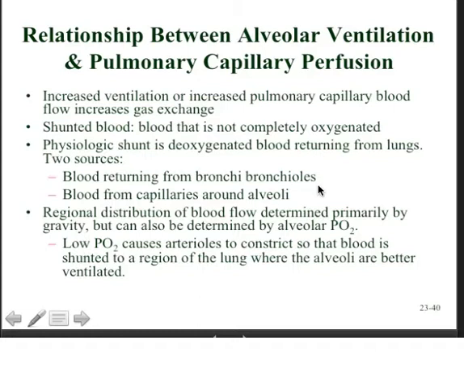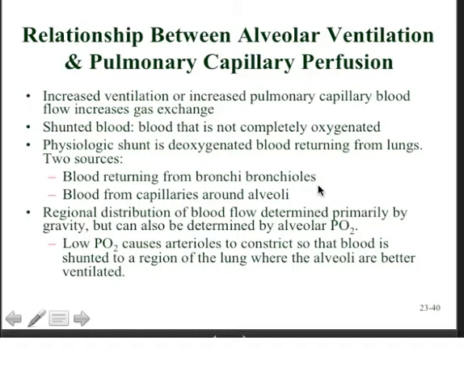And this is the opposite of the way it is in systemic tissues. And the reason is we want to make sure that we can get as much oxygen into the blood as possible. So this increased ventilation or increased pulmonary capillary blood flow increases the efficiency of loading oxygen into the blood and getting CO2 out. Shunted blood is that which is not completely oxygenated.